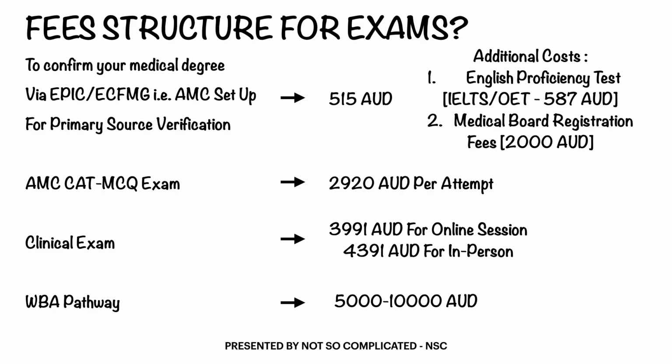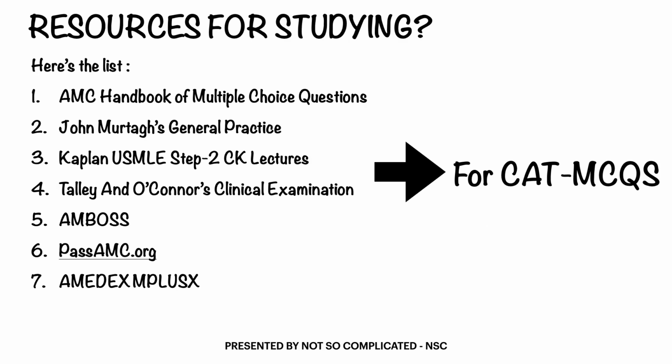And what are the resources for studying? There are multiple resources for studying, and these are the AMC Handbook of Multiple Choice Questions, which is for CAT MCQs, Murtagh's General Practice, Kaplan USMLE Step 2 CK lectures, and Talley and O'Connor's Clinical Examination. AMBOSS has 15,000 plus questions.